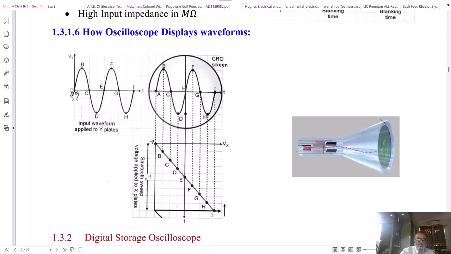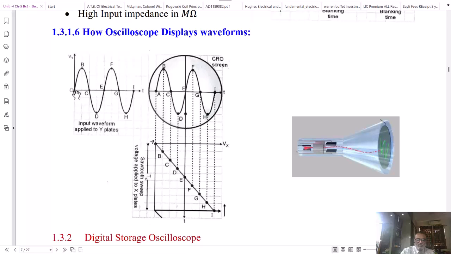The same point locus available in the input signal is traced on the oscilloscope screen. As we go on changing the signal from B to C, again the amplitude or deflection of the beam will be coming back to the reference point, whereas the x position is moving from corner A to point C, and therefore that point is here.